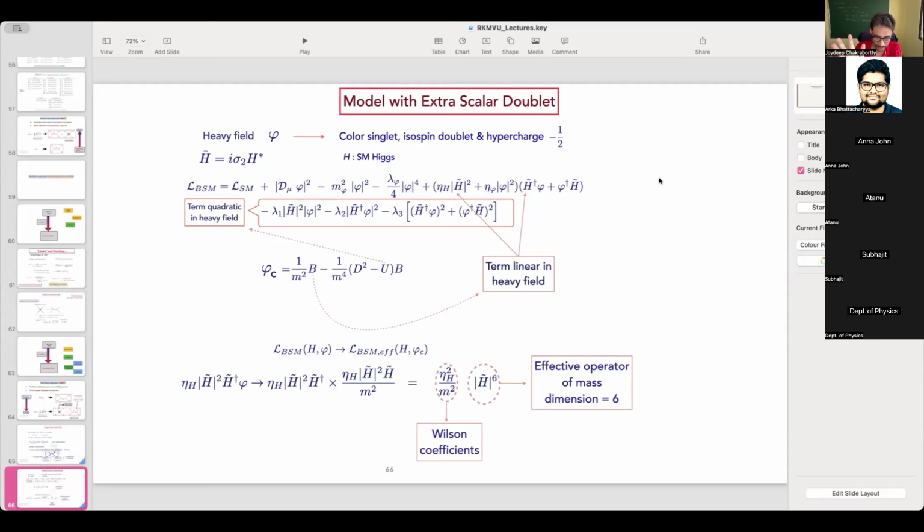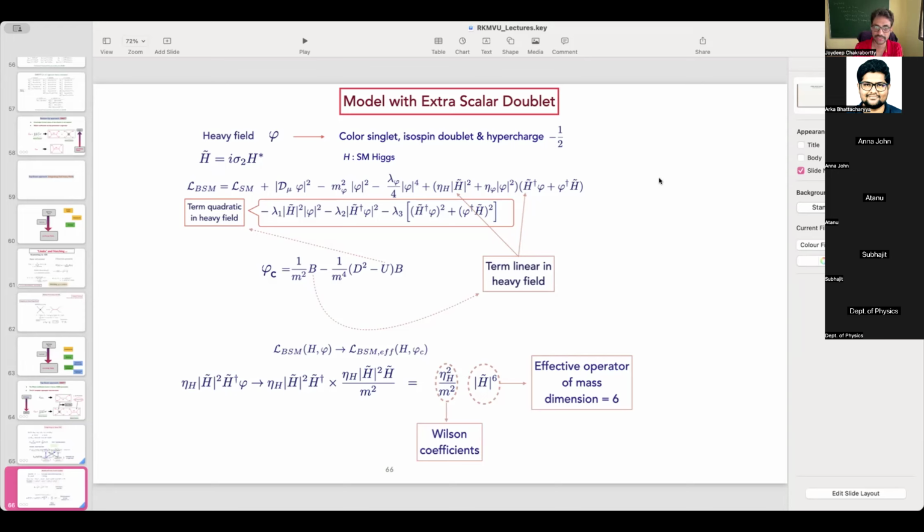That's a different thing. Here I'm saying you have a UV Lagrangian, you have a heavy particle, and then you are integrating out, and the operators that you generate, each operator will be suppressed by the mass of the heavy particle. Now, this is a parameter. You perform the fitting or the analysis with respect to the data, and that will tell you the value of eta h square by m square that is consistent with the data.